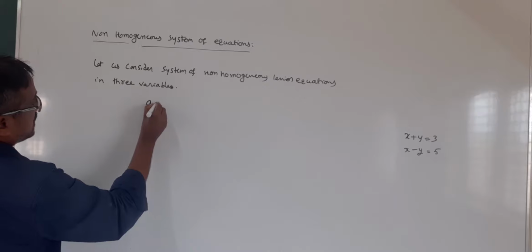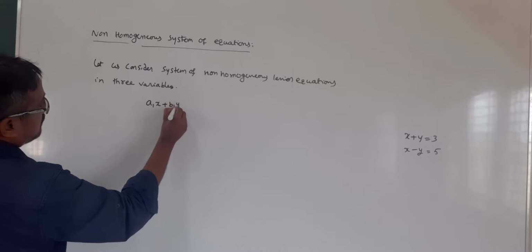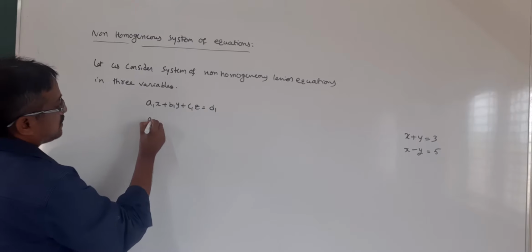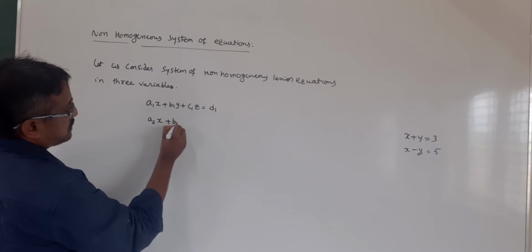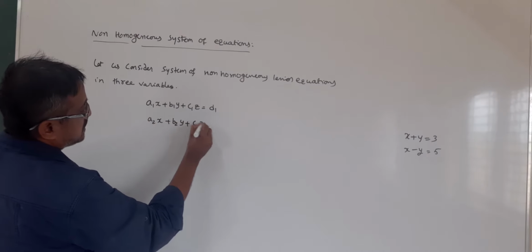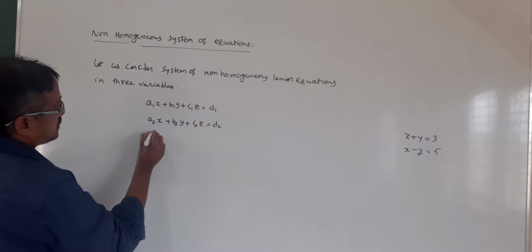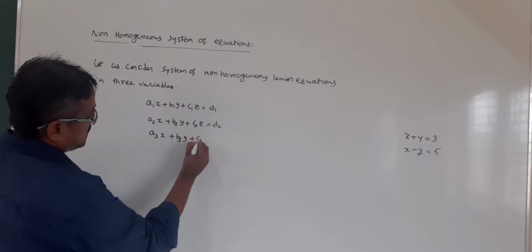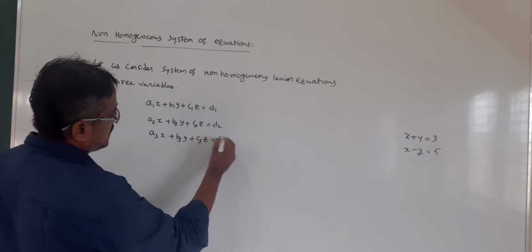They are a1x plus b1y plus c1z is equal to d1, a2x plus b2y plus c2z is equal to d2, a3x plus b3y plus c3z is equal to d3.